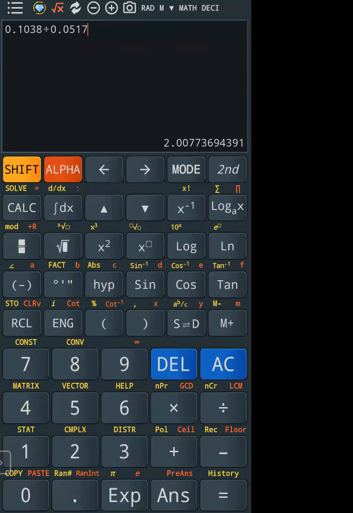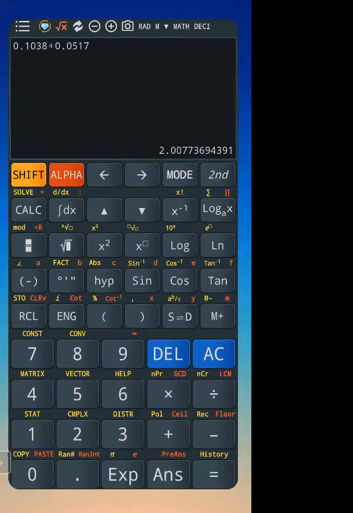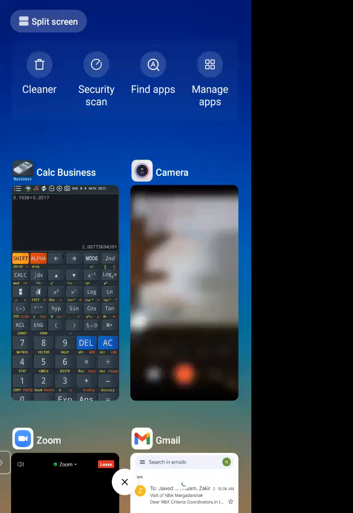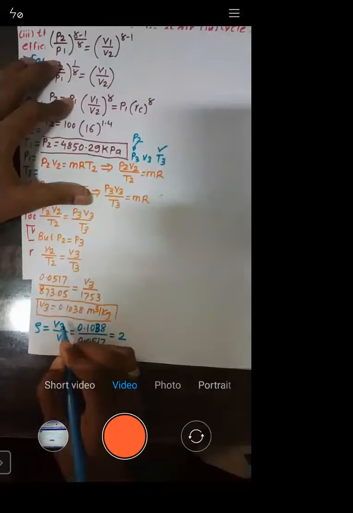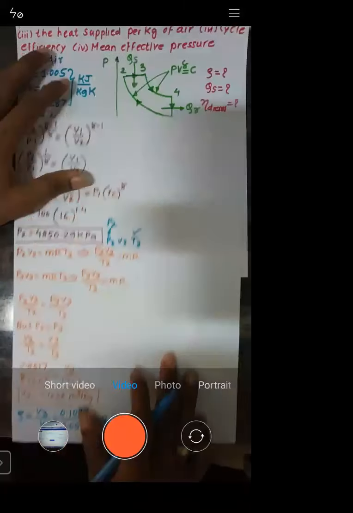So we are getting cutoff ratio equal to approximately 2, 2.0077, right? I will just write down that. When we took the derivation, the cutoff ratio is the ratio of volume after the heat addition to the volume before the heat addition. So rho we have calculated, right?